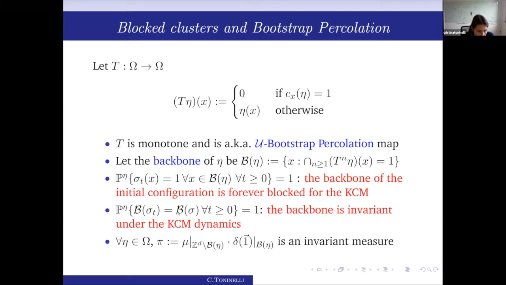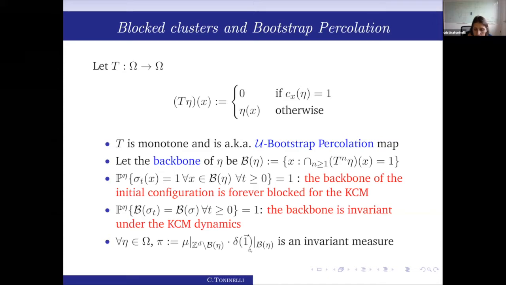Okay, notice also that depending on the constraints, once one explores the different possible backbones of the different configurations, it's easy to construct invariant measures which are different from the measure concentrated on the completely filled configuration and different from the Bernoulli product measure.